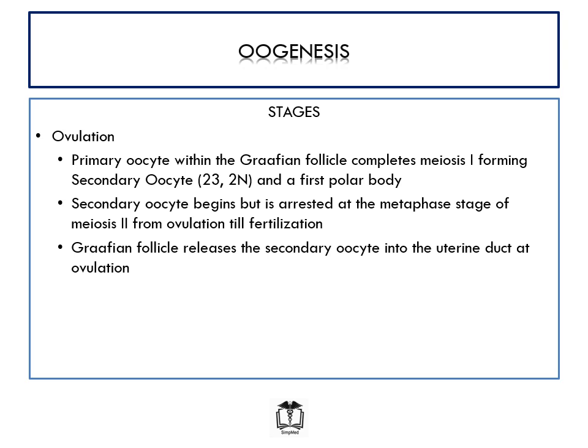So unlike what we see in the process of spermatogenesis, where the primary spermatocyte undergoes meiosis 1 to form secondary spermatocytes, and remember, one single primary spermatocyte forms two secondary spermatocytes, in oogenesis we have a single primary oocyte undergoing meiosis 1 to form a single secondary oocyte and a polar body.